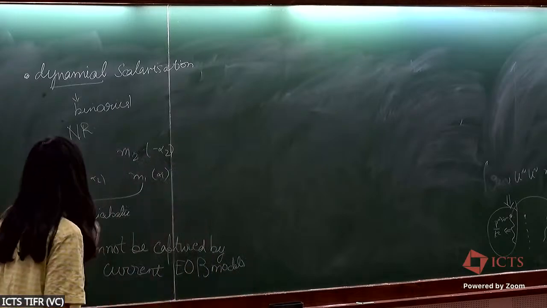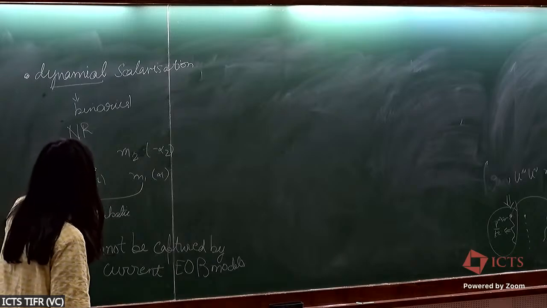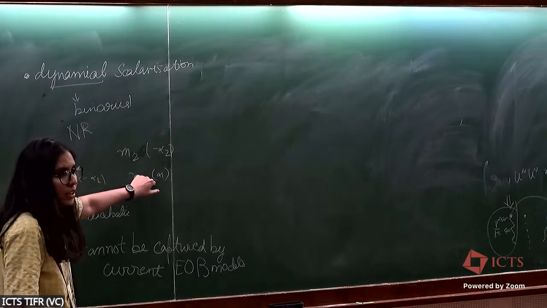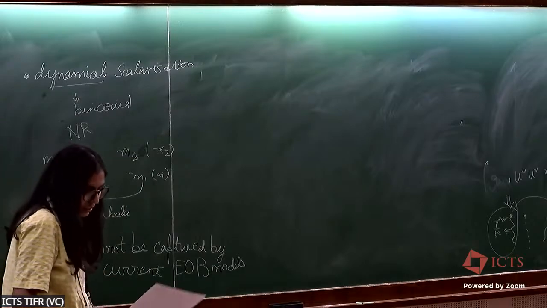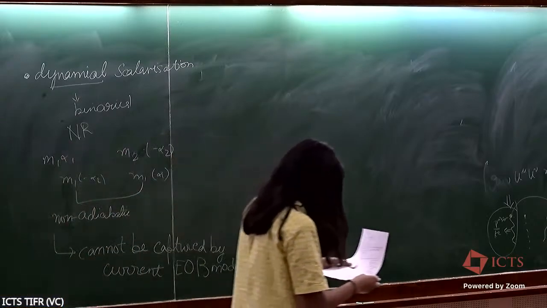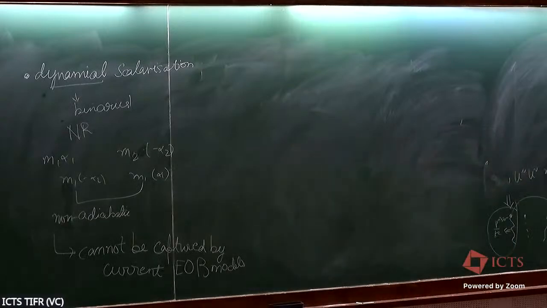One needs to see how one can add the evolution of the charges as well, so that it can capture this non-adiabatic behavior in the EOB waveform models. But that's still a work in progress.